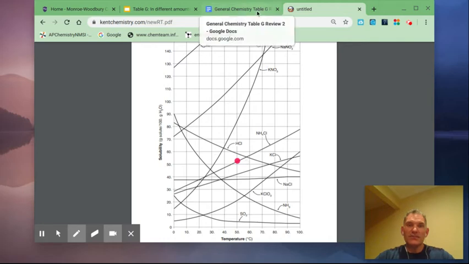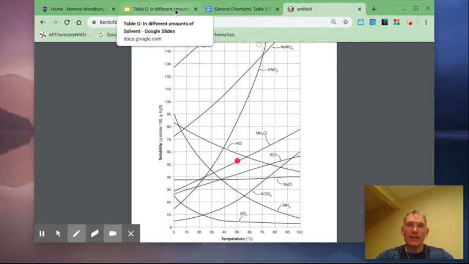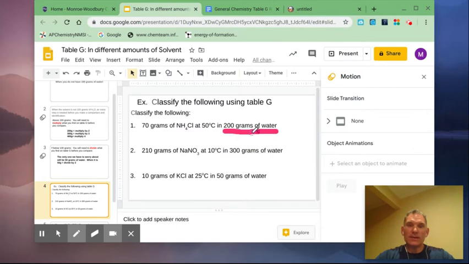What we need to do is go back to our problem. It says 200 grams of water. So that's going to be 52 multiplied by 2. So 52 times 2 is 104. So what I actually found out is that there is going to be 104 grams. Again, 52 times 2.